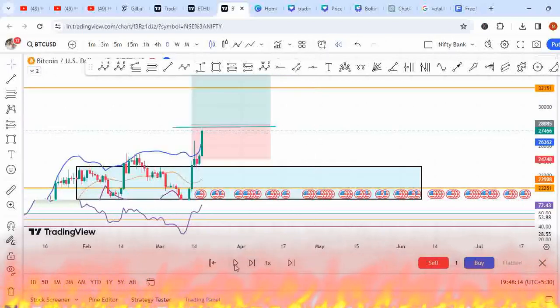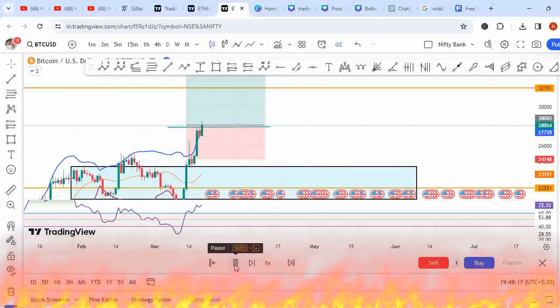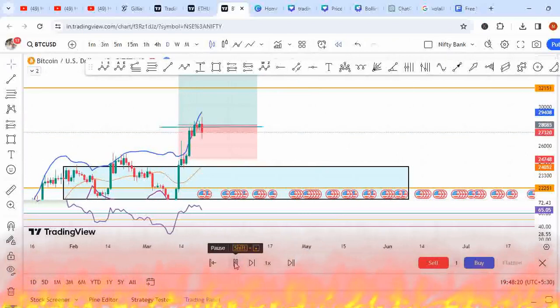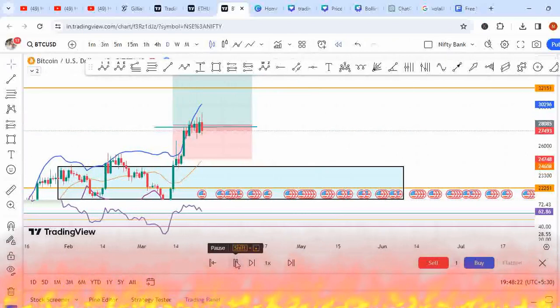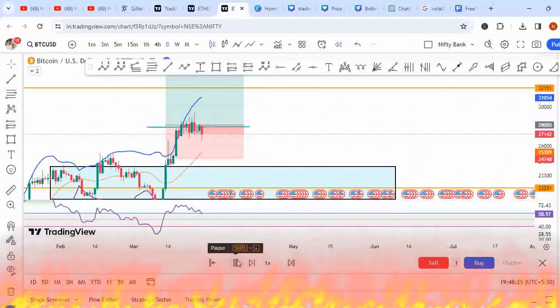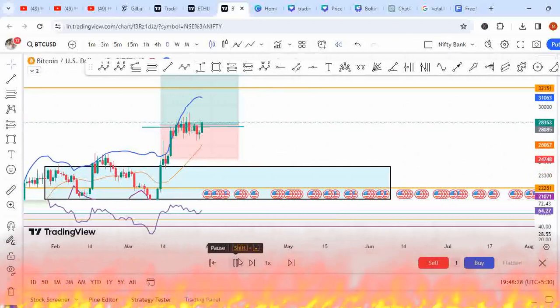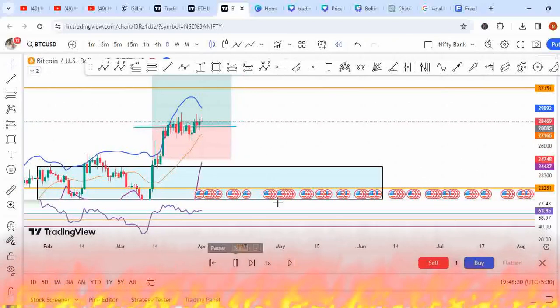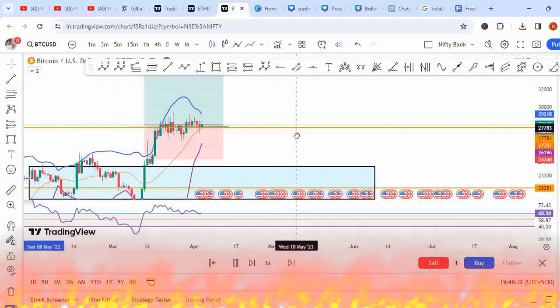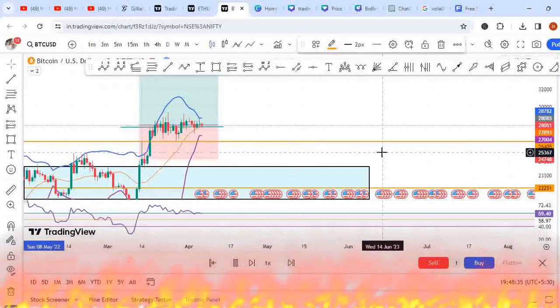See whether you can achieve it or not. Now you can trail your stop loss here.